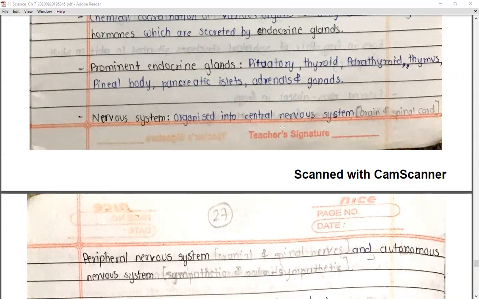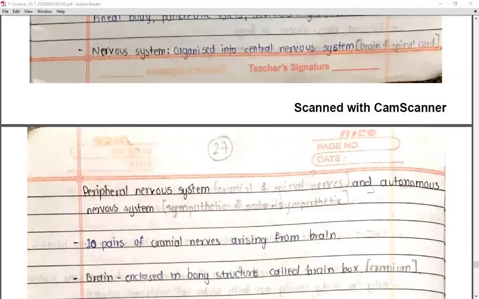In the peripheral nervous system, cranial and spinal nerves are forming. That means it is only made up of two different types of nerves: first is the cranial nerves, which are present in the head region, and second is the spinal nerves, which are present in the spinal cord region.